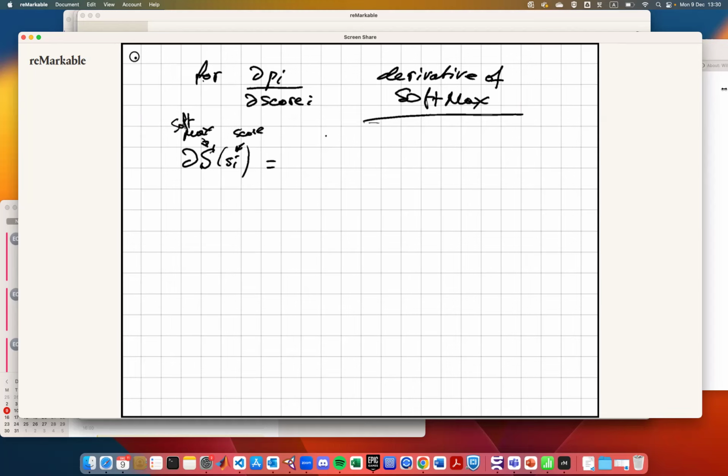Remember it had two cases for the same input: j equals k, which gives s j times 1 minus s j, and otherwise minus s j s k.